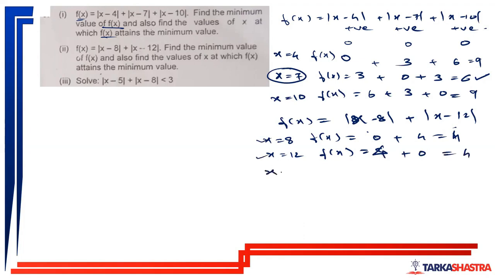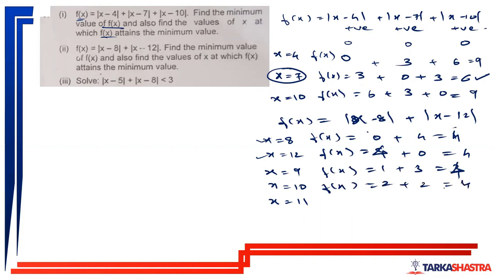So in such cases, we'll check for all the values between these two as well. f of x at 9 is going to be 1 plus 3, that is 4. At 10 it is 10 minus 8 is 2, 10 minus 12 is minus 2, which is 4.